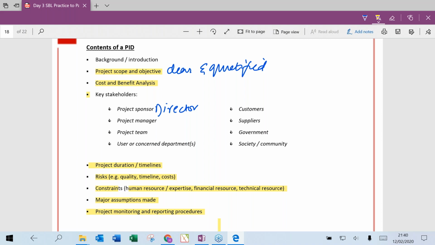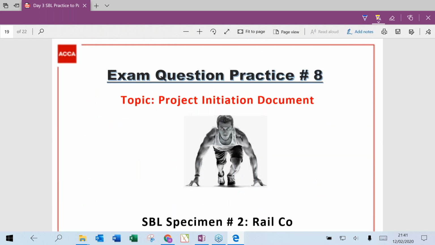By assumption, whatever assumptions we have made in our financial projections, like what is the revenue growth, how much market share will increase, what will be the price of our products, whatever assumptions we have taken in order to make the PID, all those assumptions should be mentioned in the PID, so that the board can review the assumptions as well. Okay, excellent. So contents of PID, you done with that?